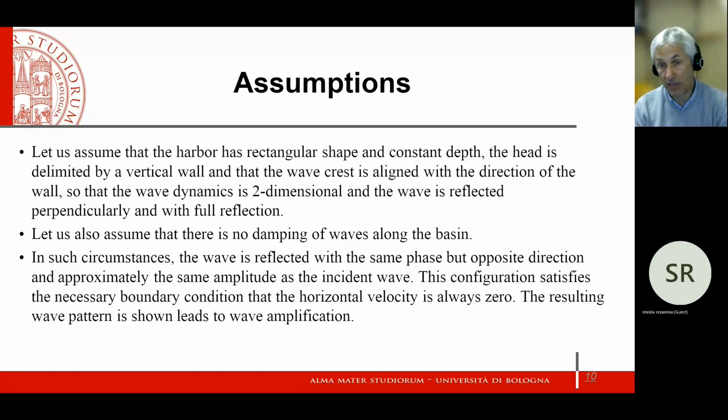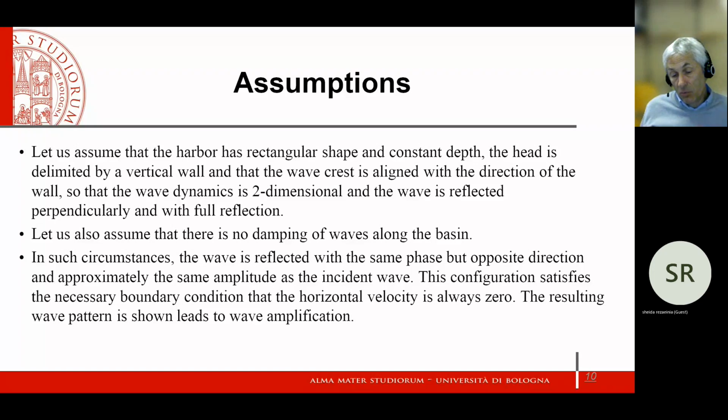The wave dynamics is 2-dimensional, and the wave is reflected perpendicularly. We also assume that the wave is fully reflected, okay? Which is not always true. But of course, if we have a vertical wall with very limited friction, like we saw in the video in the lab, then we have a reflection that is almost full. In reality, the wave crest is not aligned with the direction of the wall at the Harbour head.